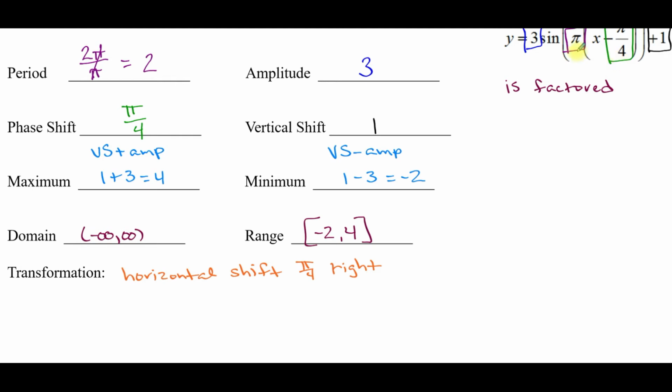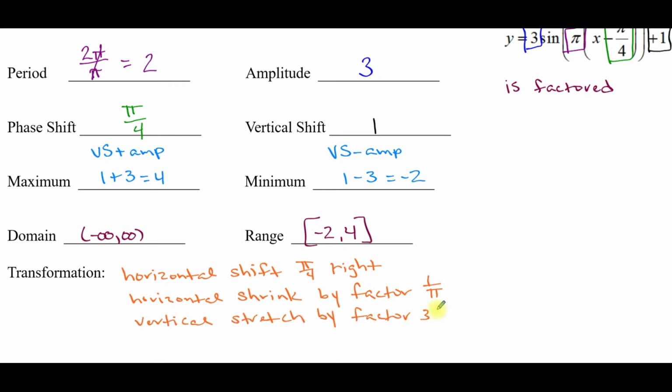And then here we have pi, so remember, we'll take the reciprocal of that, so 1 over pi. So we have a horizontal shrink, because 1 over pi is less than 1, so that's going to be a shrink by factor 1 over pi. Next, we've got the 3, so that's my vertical stretch by factor 3. And then finally, we're going to shift up 1 unit.